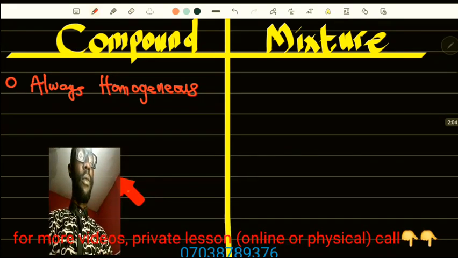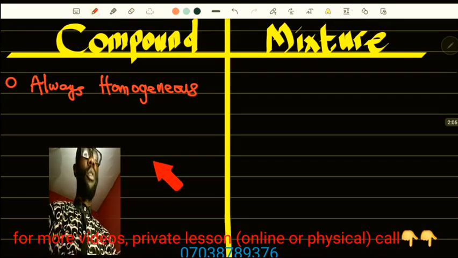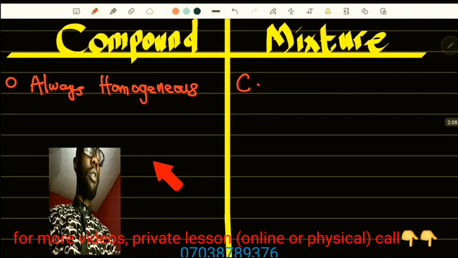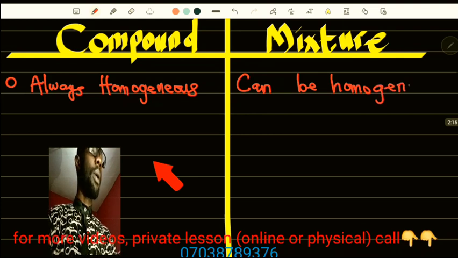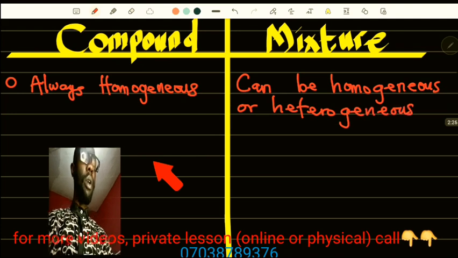However, mixtures could be homogeneous or heterogeneous. Now, what does that mean?